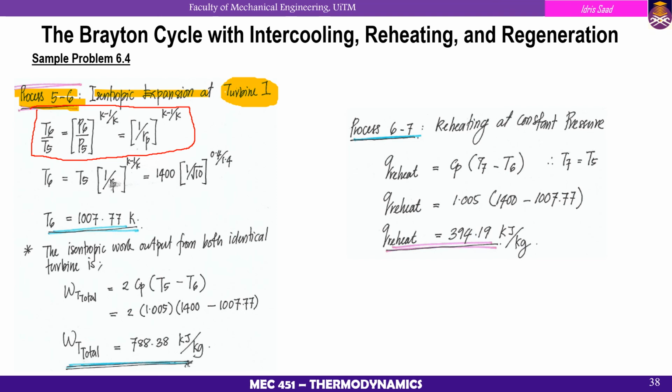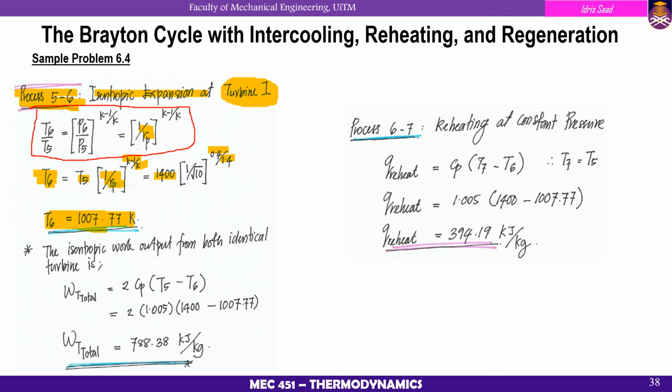We know that P6 over P5 is 1 over Rp, so we can rearrange and calculate T6 as T5 multiplied by (1 over Rp) to the power of (K minus 1) over K. Substituting, 1400 multiplied by (1 over the square root of 2) to the power of 0.4 over 1.4, we get T6 equal to 1007.77 Kelvin.